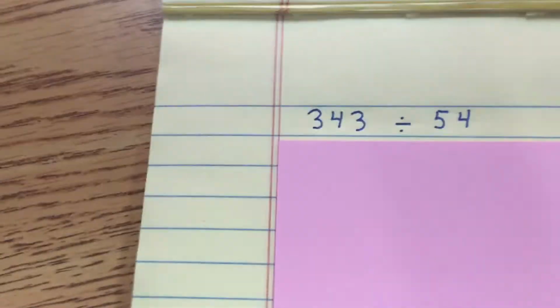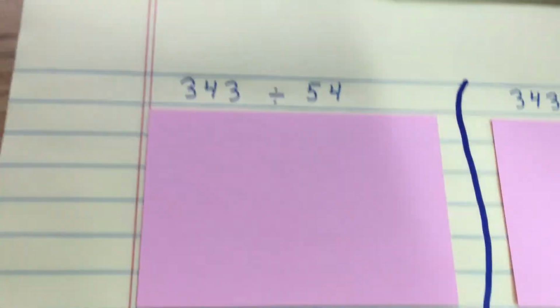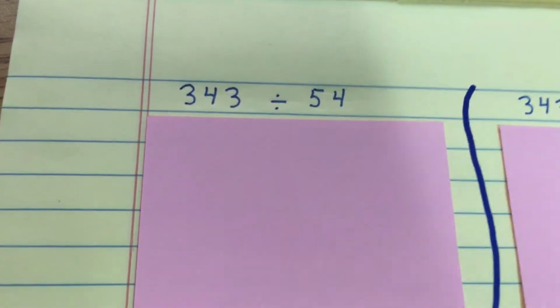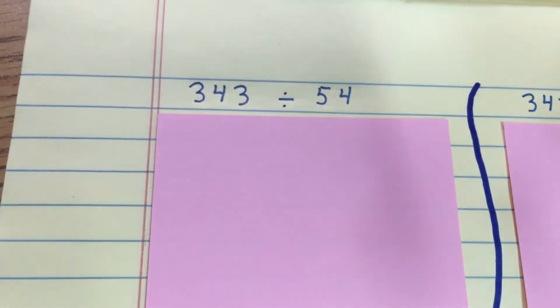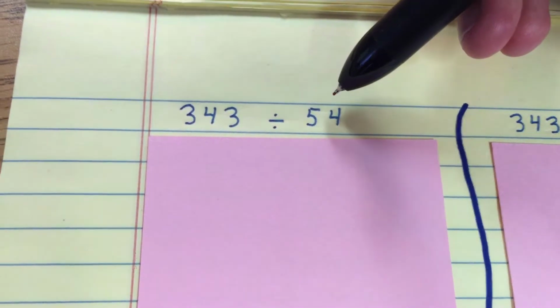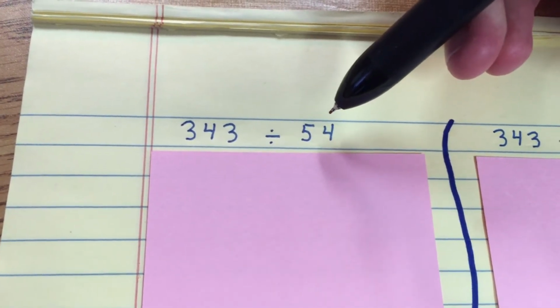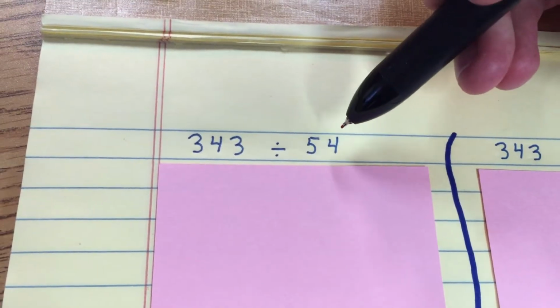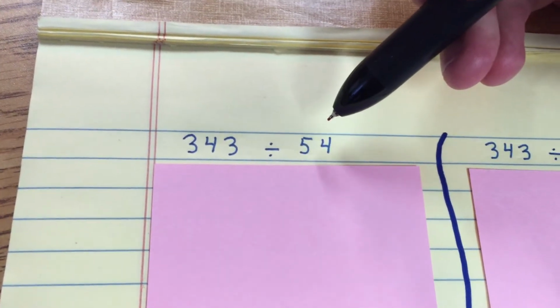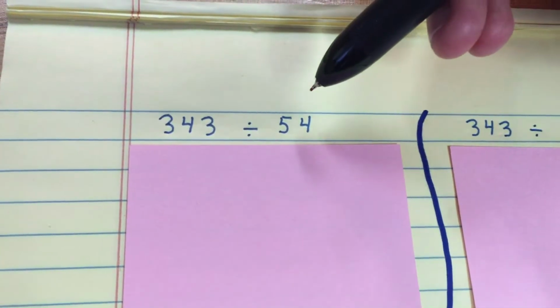So we're going to start with the left side, and we're going to focus on our first estimate. The first thing you're going to do is take this divisor, 54, and round to the nearest 10. That's going to create a very compatible number, a very friendly number, and that's also how we estimate.